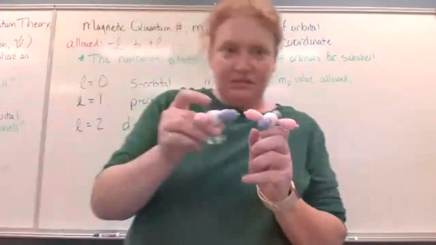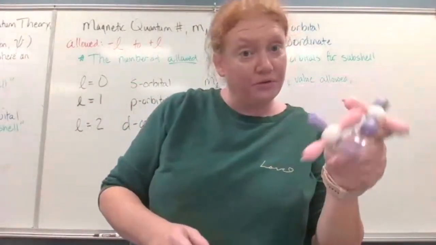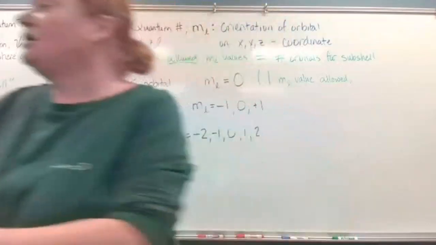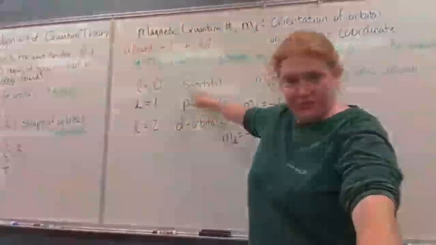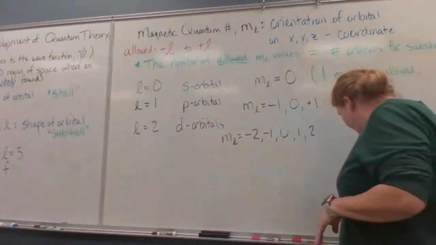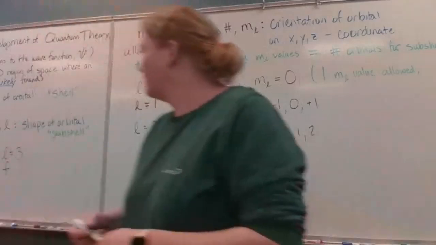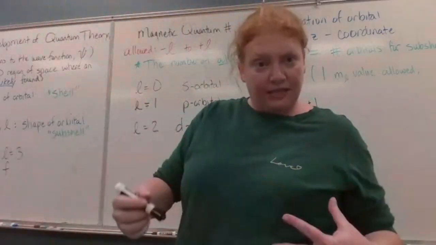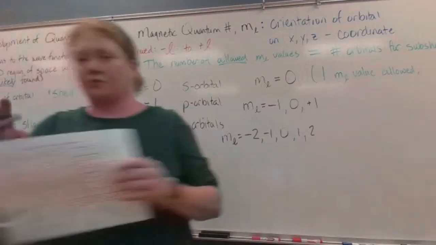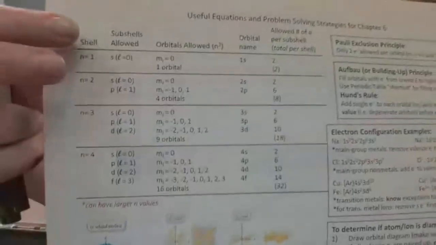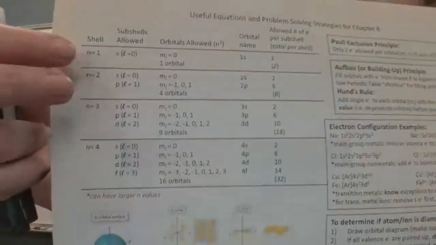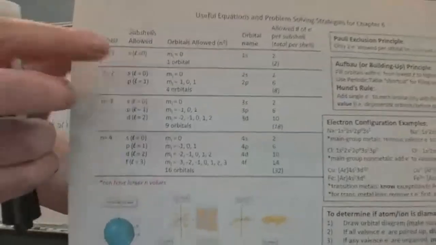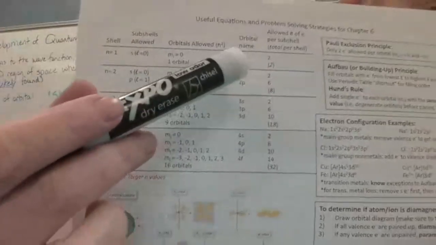So we will think with that over orbitals, different shapes, different names that we use: s, p, d. If I'm talking about orbitals that are allowed and not allowed, you may find it helpful to refer to a chart such as this that starts with the very first energy level, n equals 1, the very first shell, and shows you exactly what L value is allowed and what m sub L values are allowed.